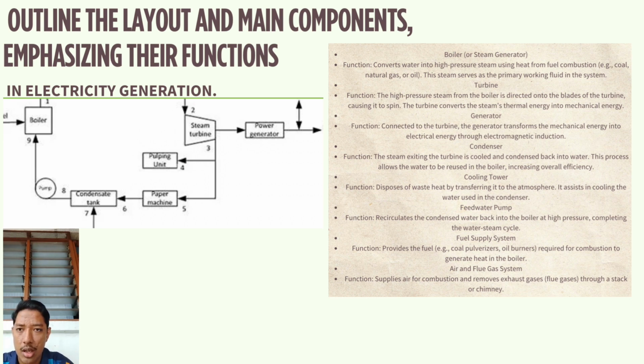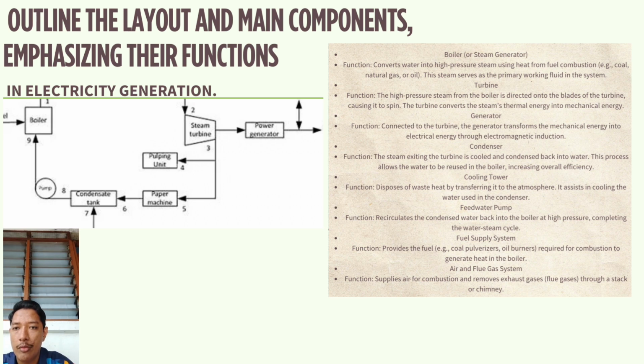Next, we have the feed water pump. The function of the feed water pump is to recirculate the condenser water back into the boiler at high pressure, completing the water-steam cycle. Next, the fuel supply system.